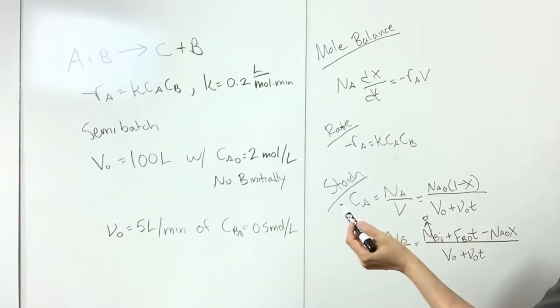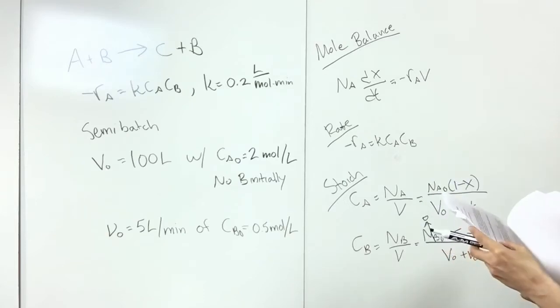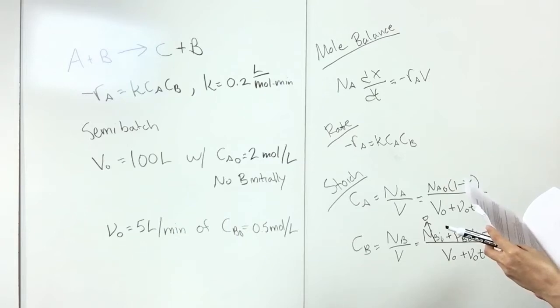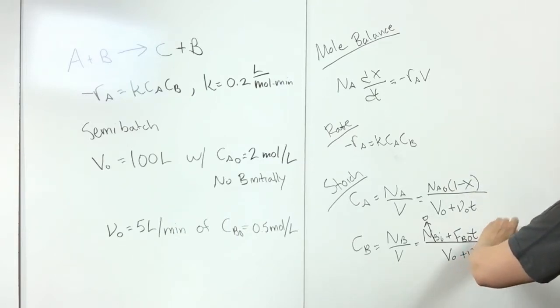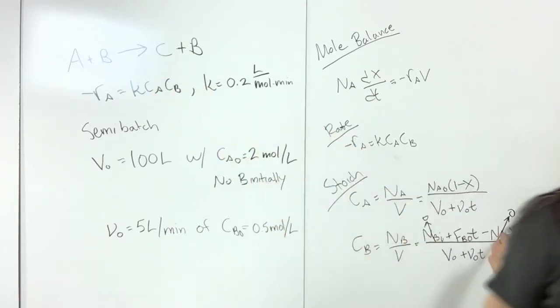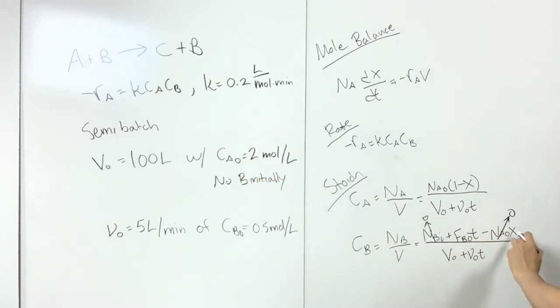And then we also know that B isn't converted in the reaction, so it says that the liquid phase catalyst is produced at the same rate as it is consumed. So this ends up being 0, because you're losing a certain amount, but then you're adding the same amount, so you would actually have a plus NA0 X, and that would just cancel out.